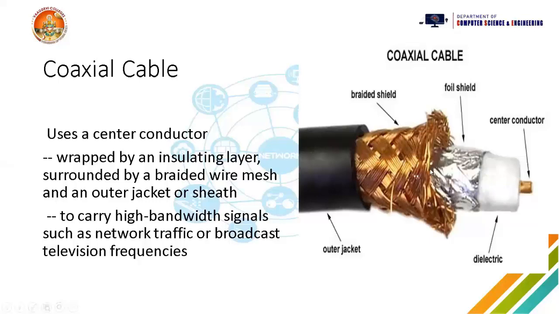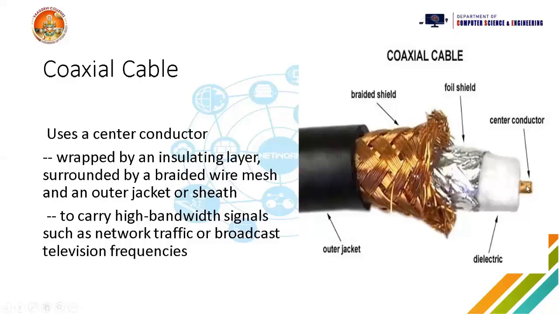The braided shield and foil shield are added to provide security and support to the center conductor, which is what carries the data. To protect it from damage, we have these overlying shields, the foil shield and the braided shield.